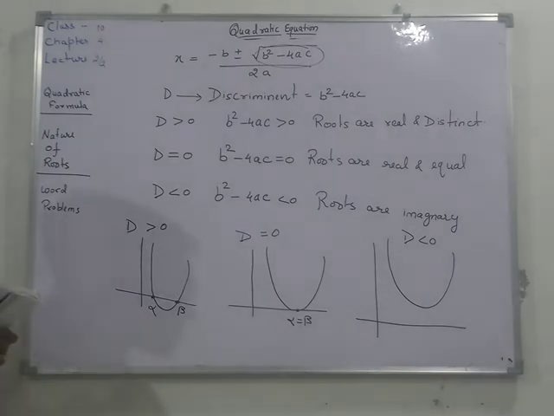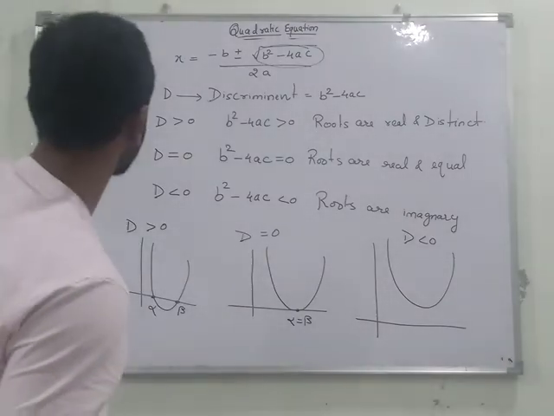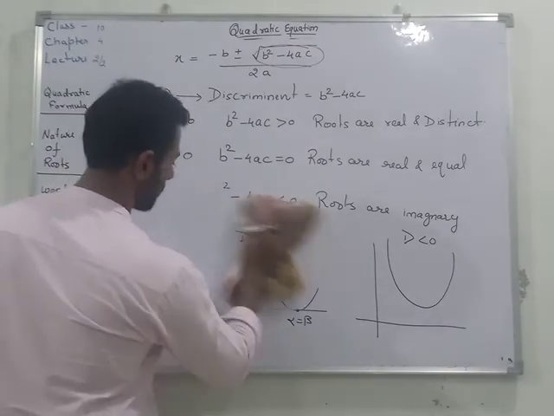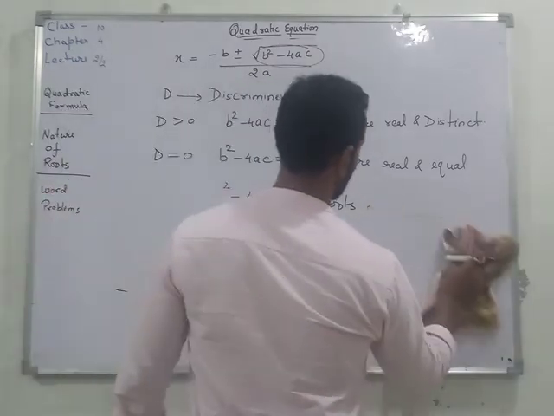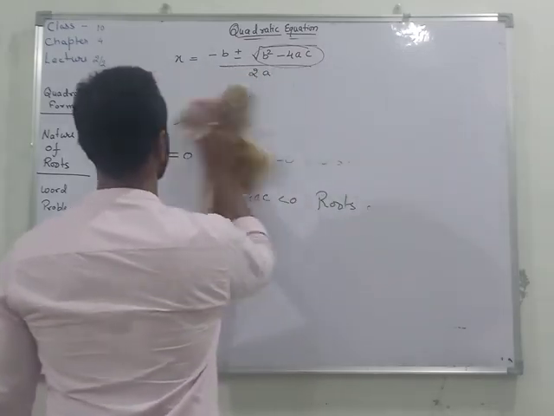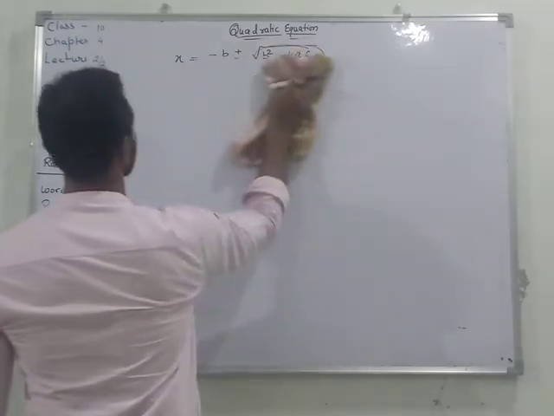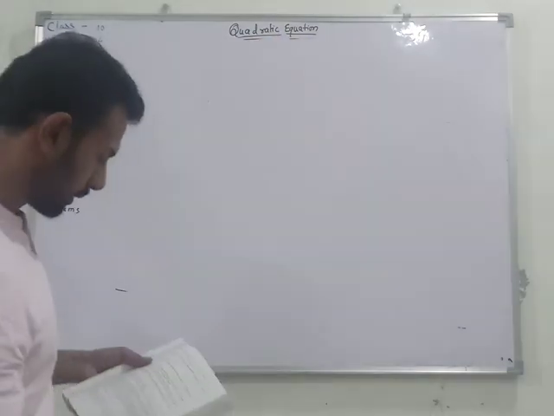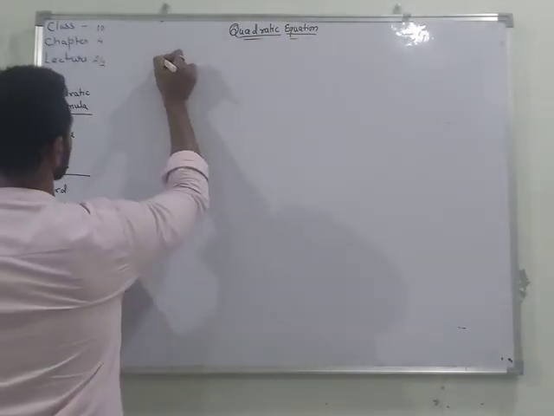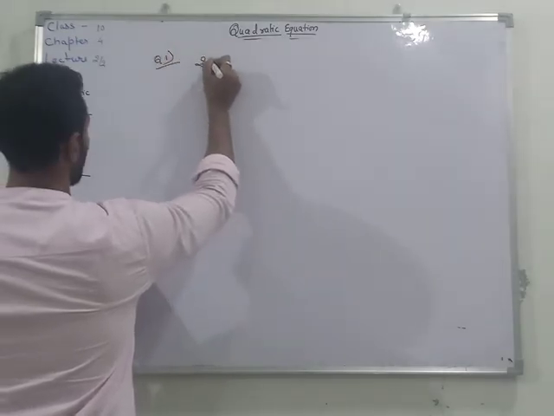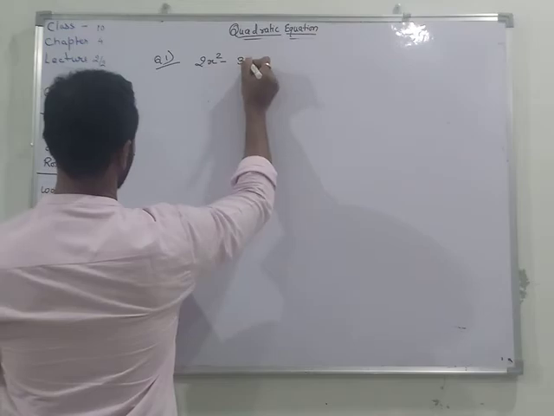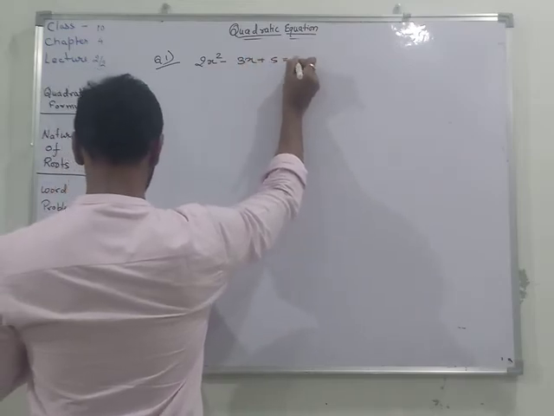Taking the question from exercise 4.4, question number 1: find the nature of the roots of the following quadratic equation. If the real roots exist, find them. Question number first, 2x² - 3x + 5 = 0.